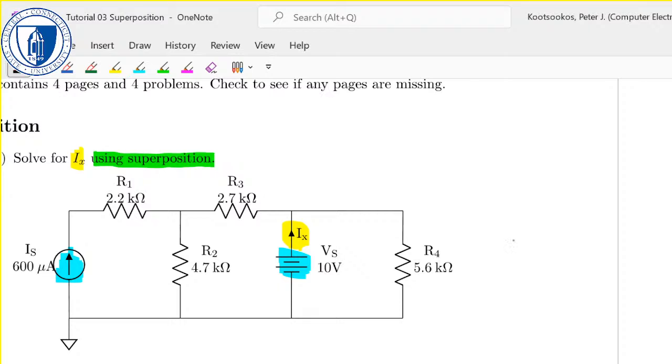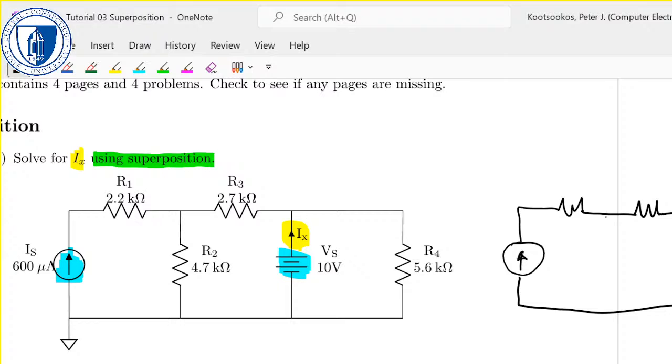Okay, so here's my current source. I'm going to keep it. There's the outline. And I'm replacing the voltage source with its ideal.